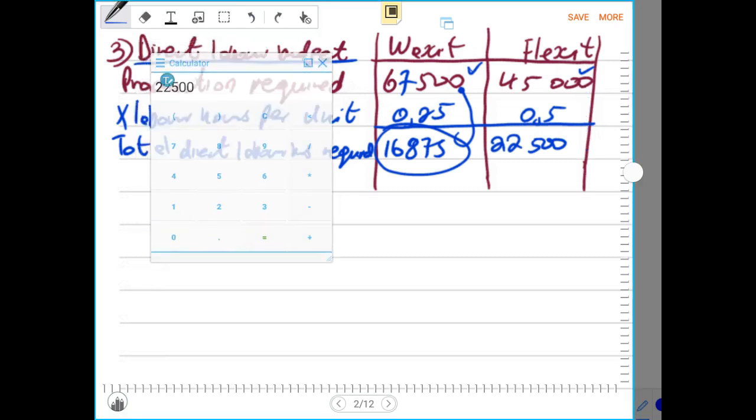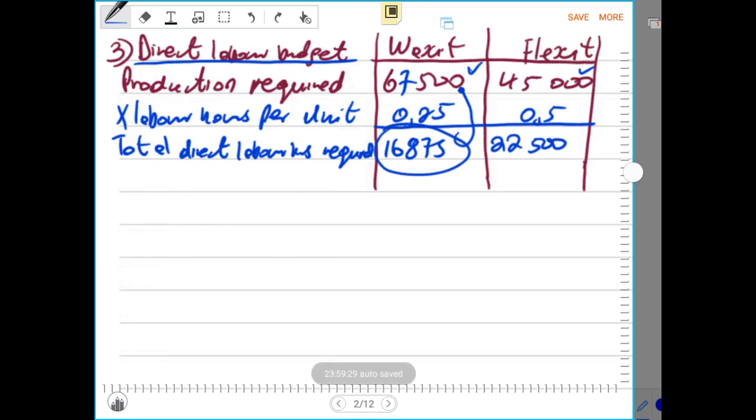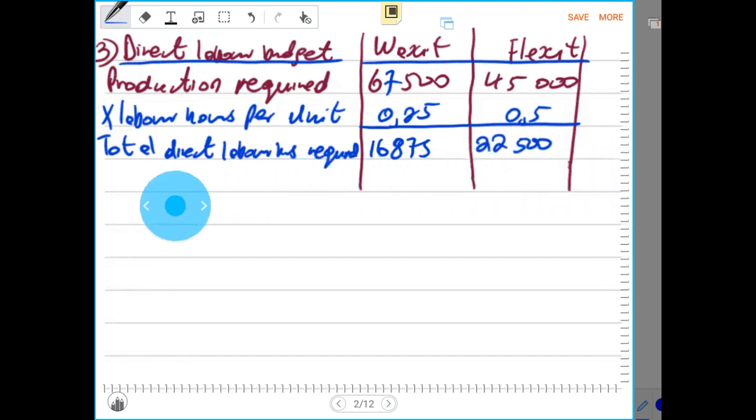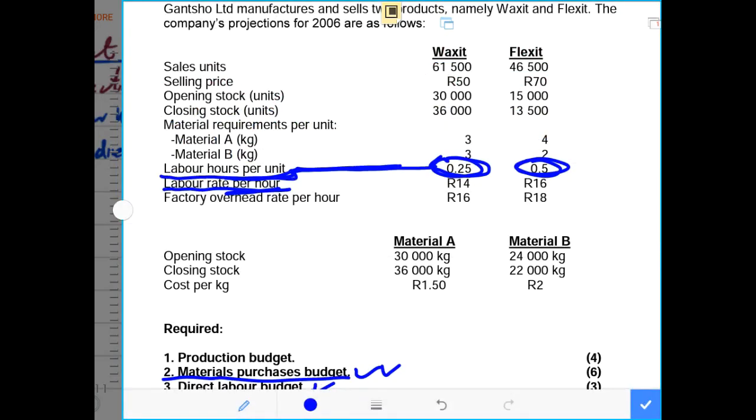So now these are the labor hours that are required, and from here now we can multiply by the labor rate per hour, because our employees are paid per hour. Our labor rate per hour is given to be 14 rand and 16 rand.